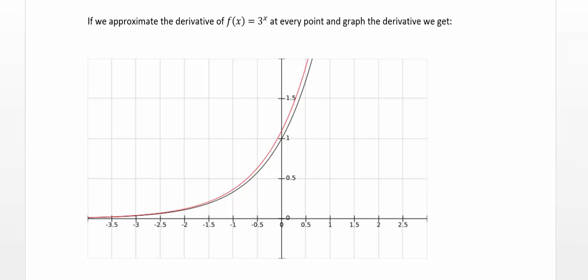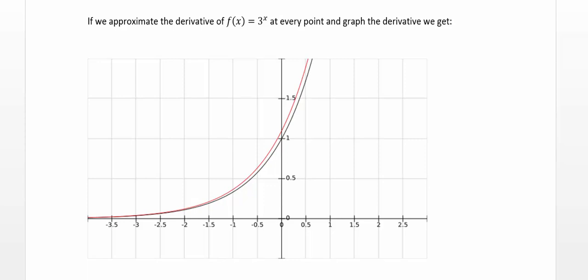We approximated the derivative at 0 to be about 1.1. So you can see that that red function, the derivative function, crosses through at roughly 1.1. And if we approximate the derivative at the other values of x shown here, so from negative 4 all the way until 1, and you plot those, you get that red line.